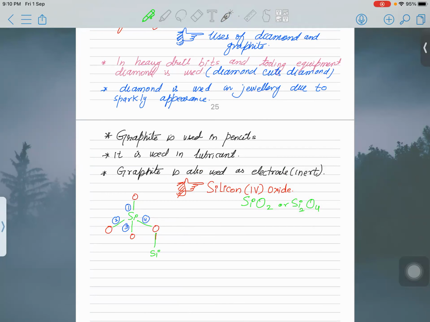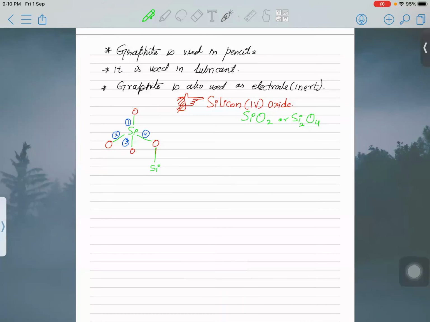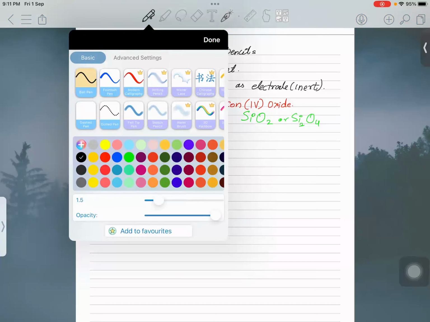Now the third part is silicon dioxide, SiO2. You know that silicon dioxide is also a giant molecule.